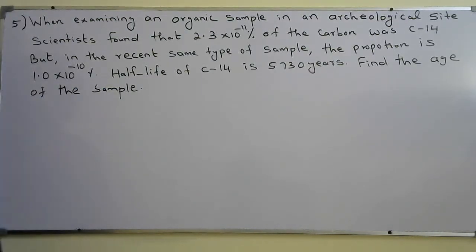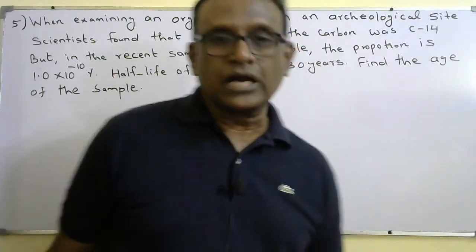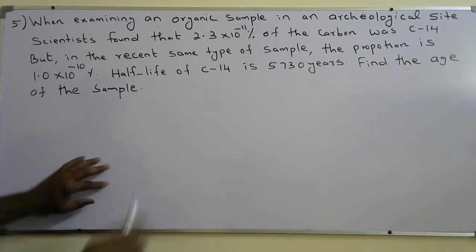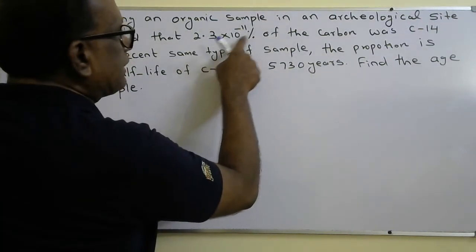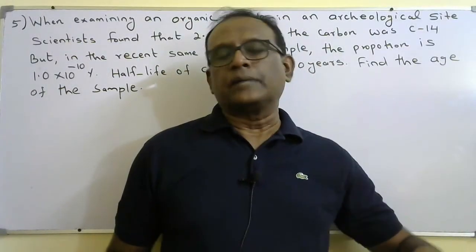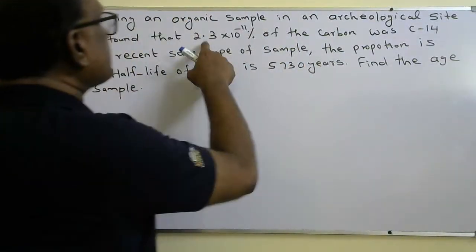Okay, so this is the fifth question, related to carbon dating. When examining an organic sample at an archaeological site, might be a bone or whatever it is, scientists found that 2.3 × 10^-11 % of the carbon was C14. So that means the carbon 14 to carbon 12 percentage is this much.